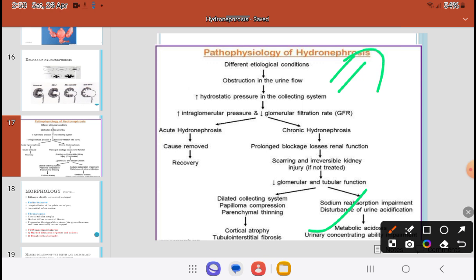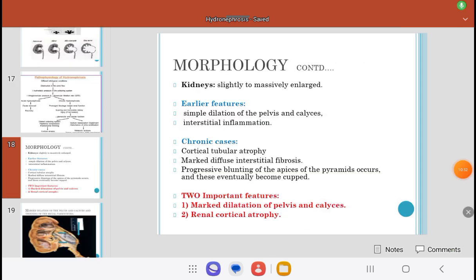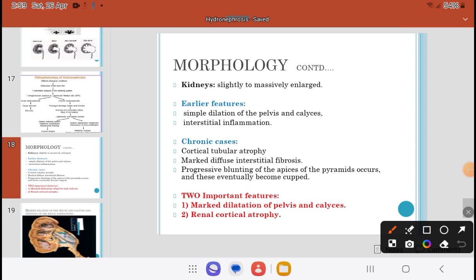And this is the pathophysiology. It means what happens in a patient with hydronephrosis, and how it leads to different complications. This is the normal pathophysiology in a patient with hydronephrosis. In a patient with hydronephrosis, two features are seen: early features and chronic features.